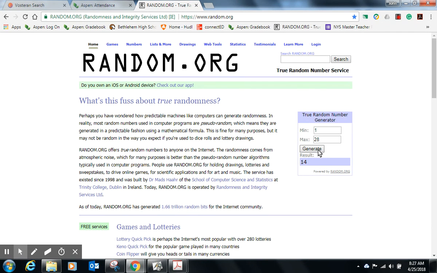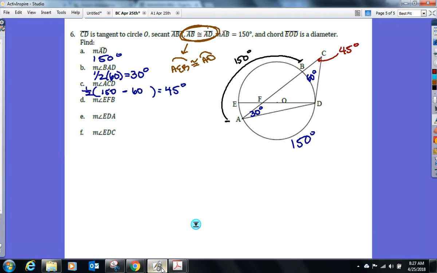Are you ready? EFB, inside or outside? Central, inscribed, floater. What do you do to find the floater angle? Add or subtract the arcs? Okay, Nate. Name the arc that EFB creates.